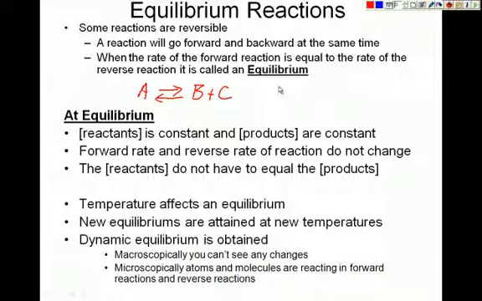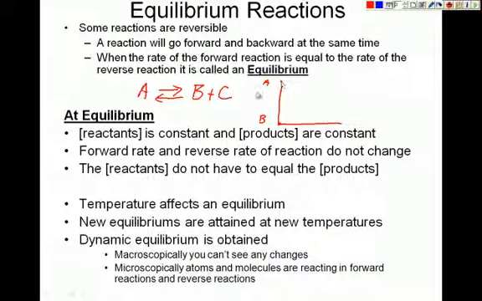So if we were to graph something like this, let's graph A turning into B plus C. Let's say we start with a whole bunch of A, because A is our reactant, and then we have B and C. I'm just going to write B here instead, and I won't bother writing C. So if we start with a whole bunch of A and start with 0 B, then B is down here and A is up here.